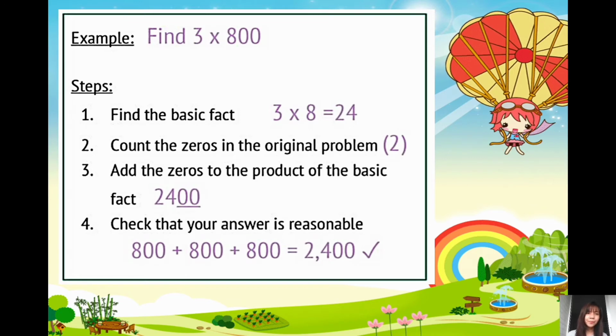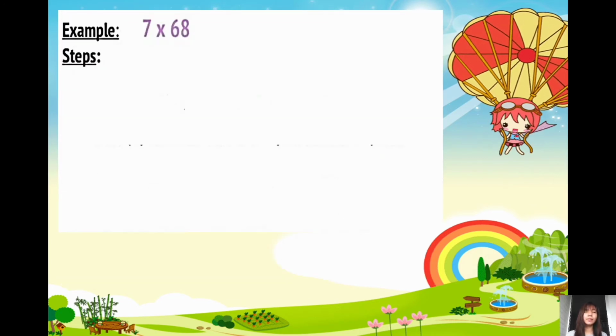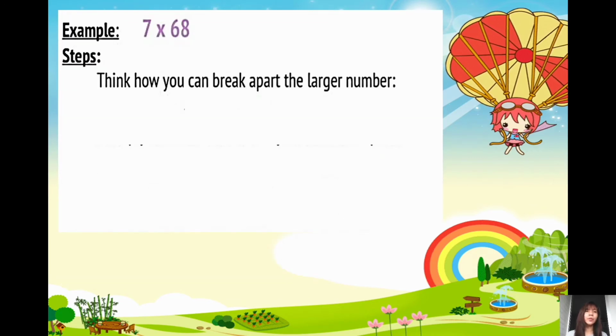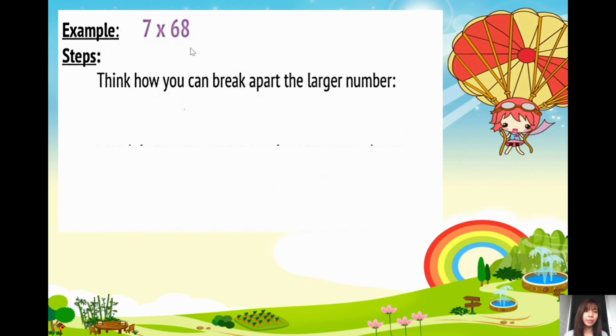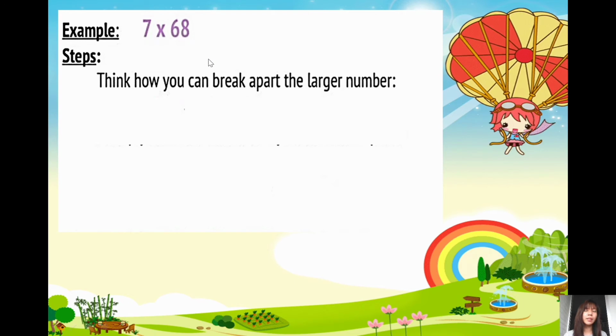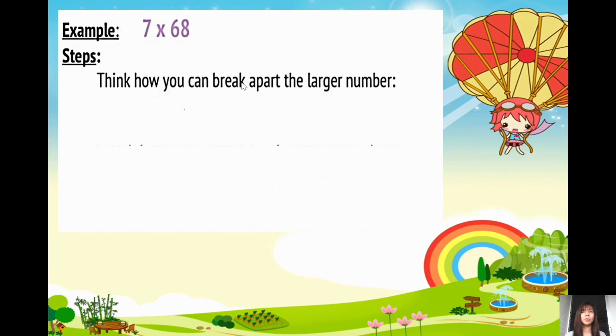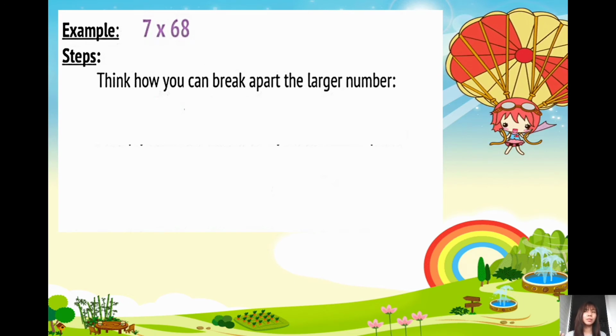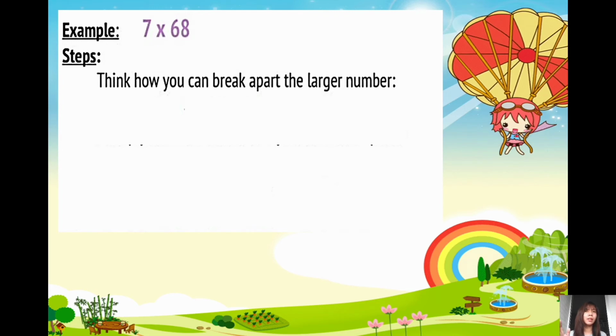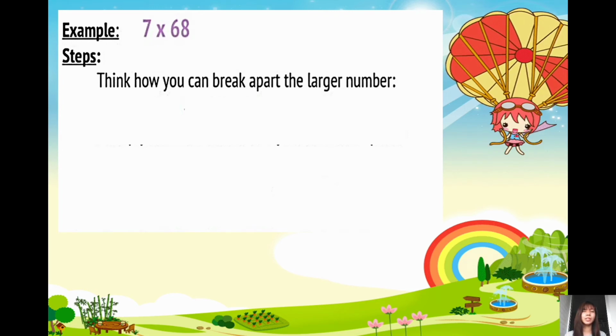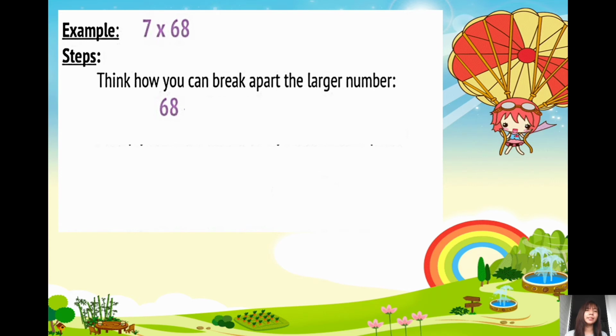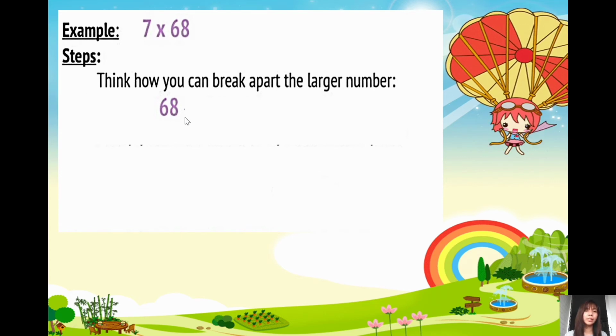Alright? Another one, 7 times 68. So you have to think how you can break apart this larger number, so that it will be easier for you to multiply, especially if it ends with 0. So let's say 68. How can we break this apart?